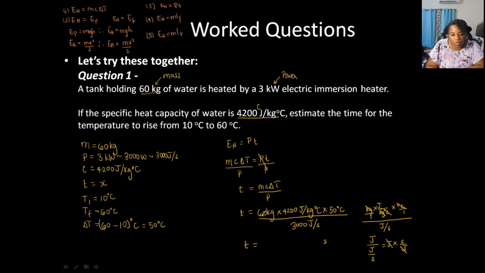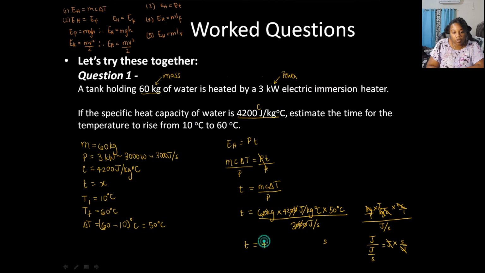So we could start to cancel out our zeros, and we start to multiply now. So we said that times 42 times 50, divided by 3 should give us 4200.